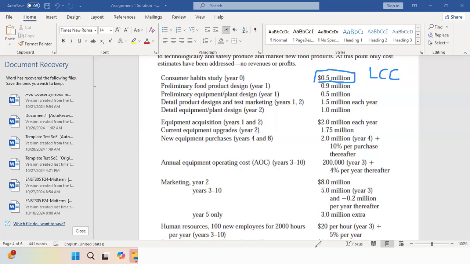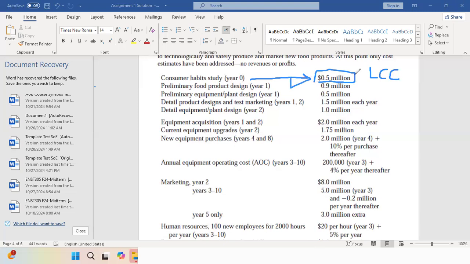In some analyses, they say let us calculate all values as future worth, or as annual worth. All of these techniques are right. But in general, one of the most used methods is to calculate the total value at present time. So we will convert all costs back to year zero. And this cost is already at year zero, so we don't need to do any calculation.